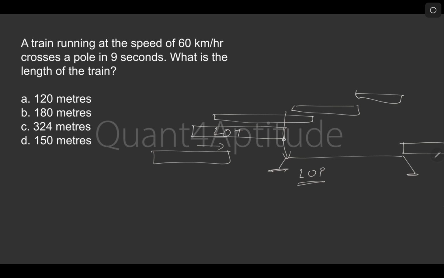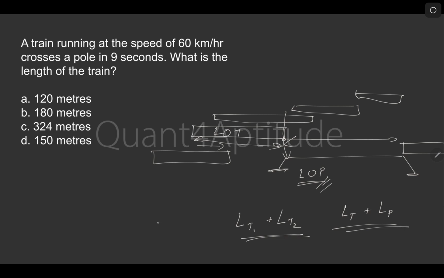That means the train should have traveled from here to here, which is the length of the platform. Now for the train to be completely out of the platform, it has to travel the length of the train itself. So when a train crosses a platform, it has to cross the length of the train plus the length of the platform. If it is two trains, it has to cross the length of train 1 and the length of train 2.